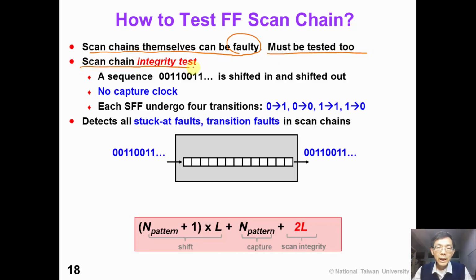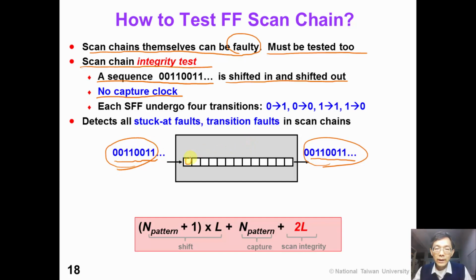We can apply the scan chain integrity test. In this test, a sequence of 0011, 0011 is shifted in and immediately shifted out without a capture clock, like what is shown in this figure. The expected shift out value should be the same as the shift in value.